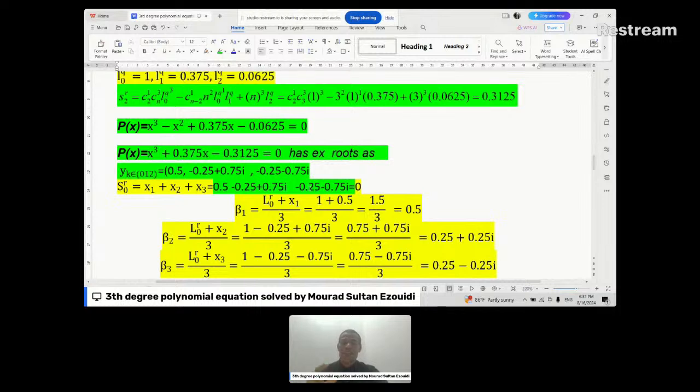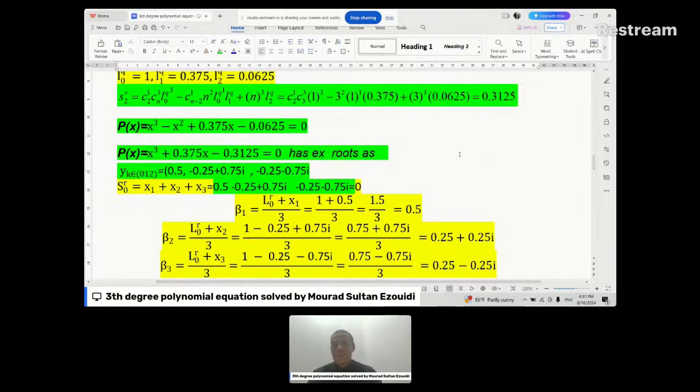There is an example where the method of Cardan is not available for such a third degree polynomial equation, and I will show this for you. First I will explain this using the method of Cardan, and after that I will give you the contrary example.